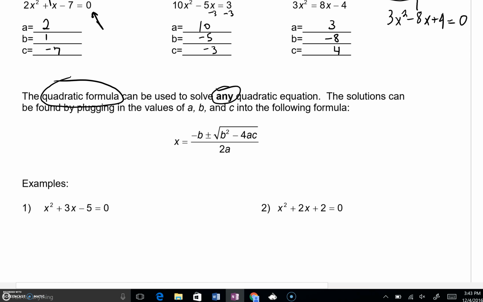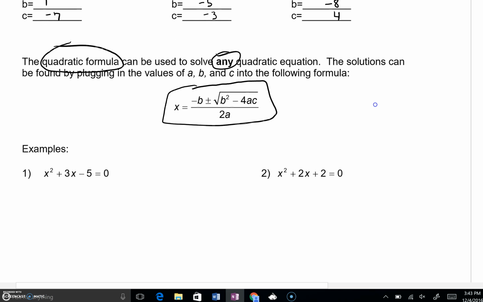Every quadratic, you can see we're going to wind up with two solutions, and the solutions could even be duplicates of each other. But this formula right here is what we are going to be using. X is equal to the opposite of b plus or minus the square root of b squared minus 4ac all over 2a.